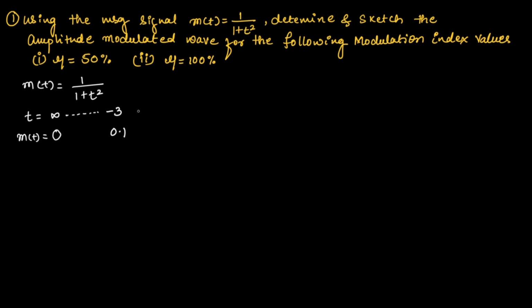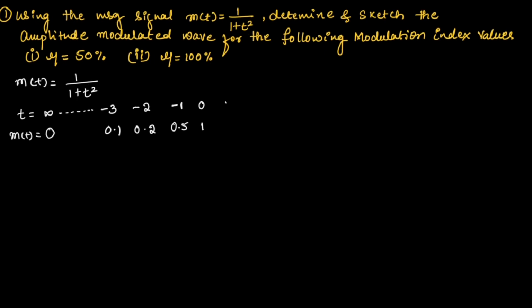If we put t is equal to minus 2, m of t will be equal to 0.2. If we put t is equal to minus 1, m of t will be equal to 0.5. If we put t is equal to 0, m of t is equal to 1. If we put t is equal to 1, m of t is 0.5. If we put t is equal to 2, m of t is 0.2. If we put t is equal to 3, m of t is equal to 0.1. Likewise, if we put t is equal to infinity, m of t is equal to 0.